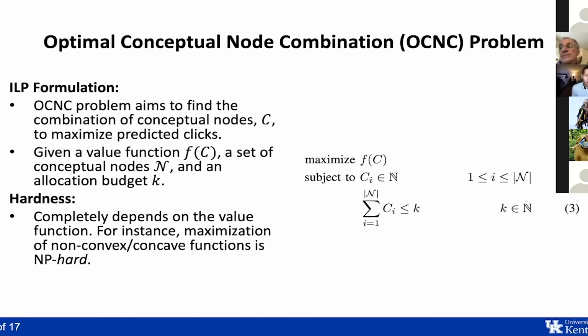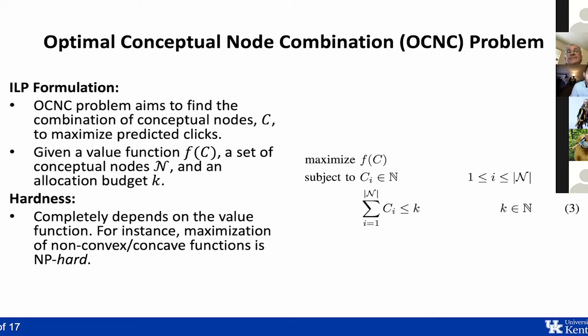With all of that in mind, we also want to consider the optimal conceptual node combination problem. If we have a trained machine learning model, we consider it to be a value function f, and then we have a combination of conceptual nodes, c. Our goal, if you have an allocation budget k, is: where should you invest your conceptual nodes?